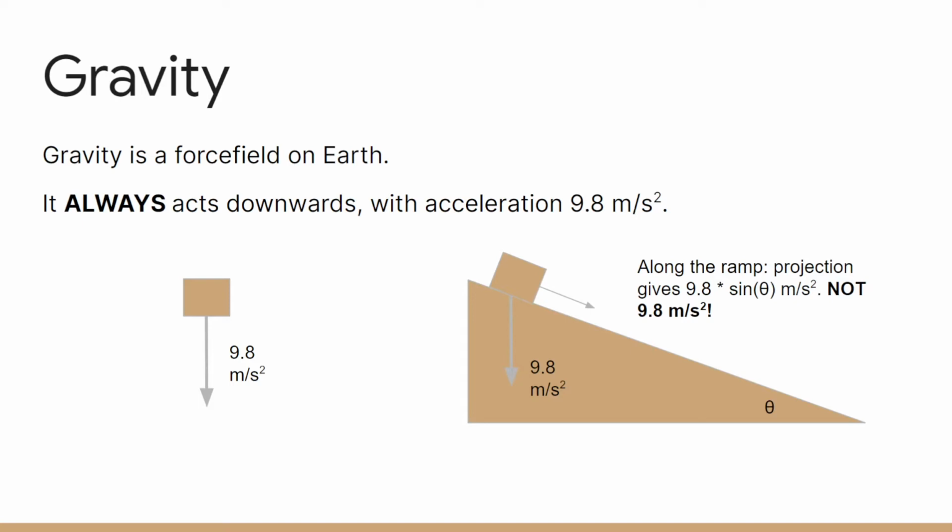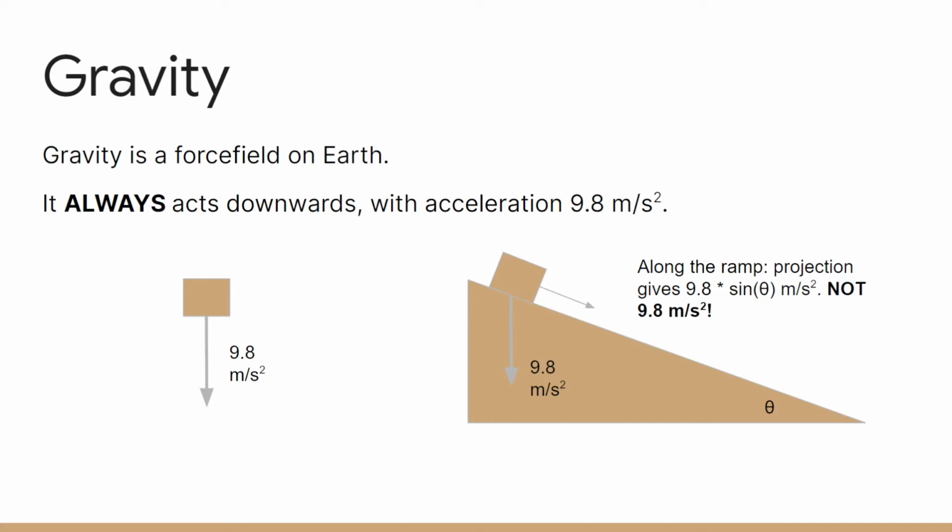So along the plane that is inclined at an angle of theta degrees. And so we've done the math for you. It works out to be the acceleration of gravity down a ramp at an angle of theta is equal to 9.8 times the sine of that theta, meters per second squared.